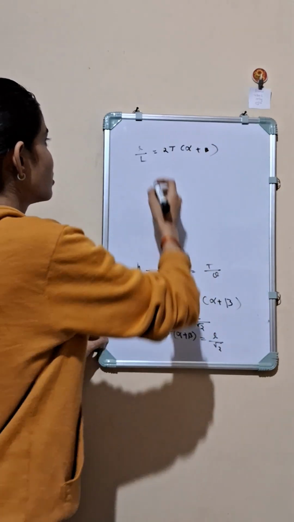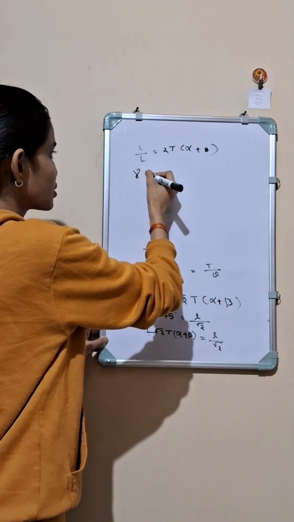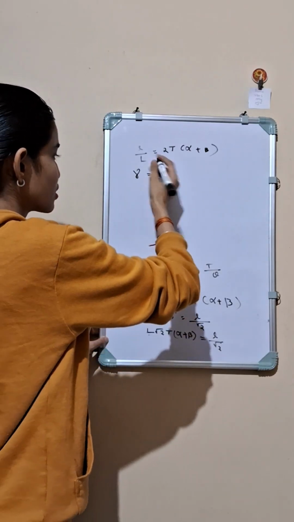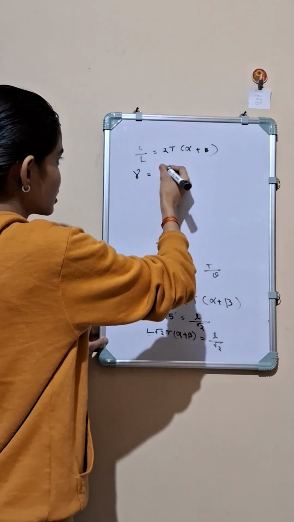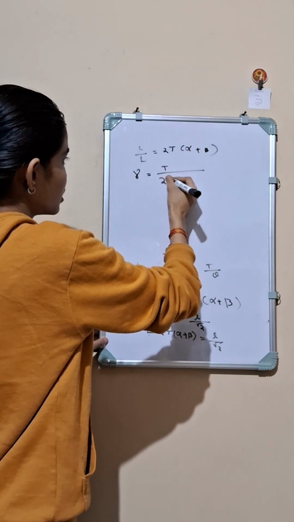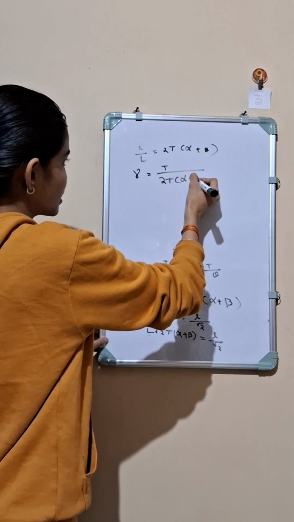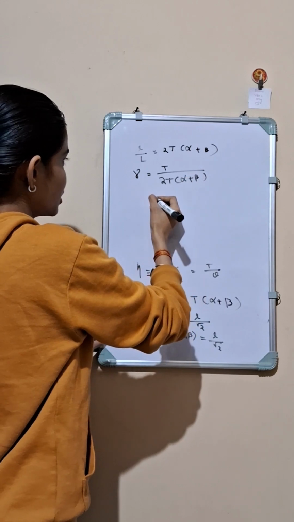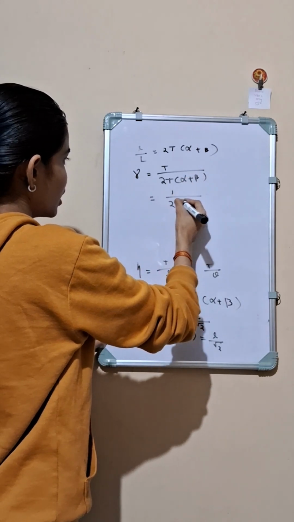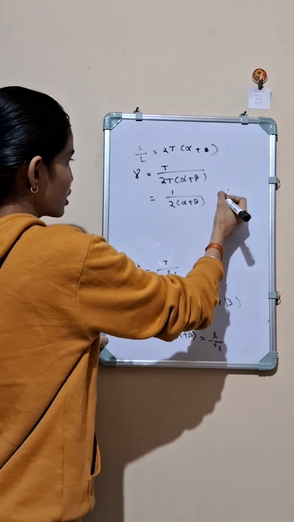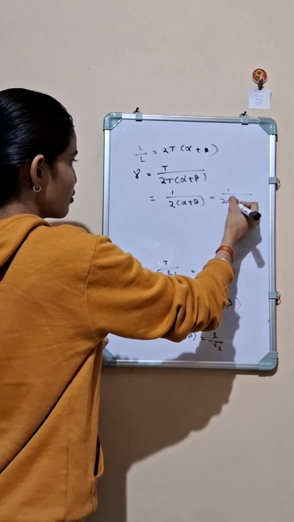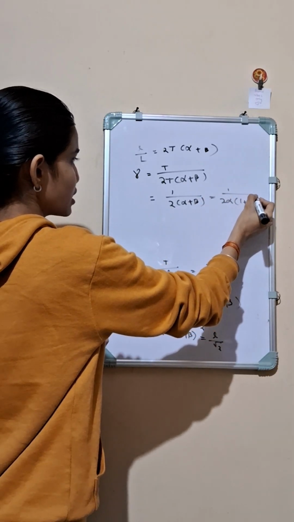So now gamma, Young's modulus, will be equal to stress by strain, T by 2T into alpha plus beta, which will be equal to 1 by 2 into alpha plus beta, and taking alpha common I will get 1 by 2 alpha into 1 plus sigma.